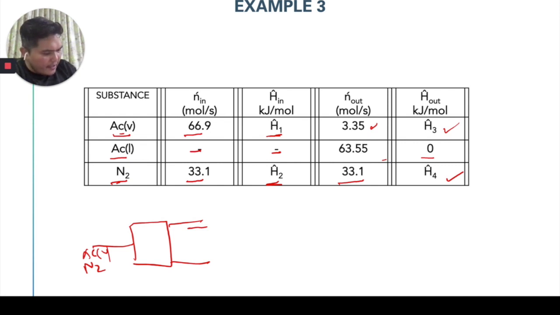We have 63.55 as the number of moles of acetone liquid out, but because this state, 20 degrees Celsius and 5 atm, is chosen as the reference state for acetone, its specific enthalpy equals 0.